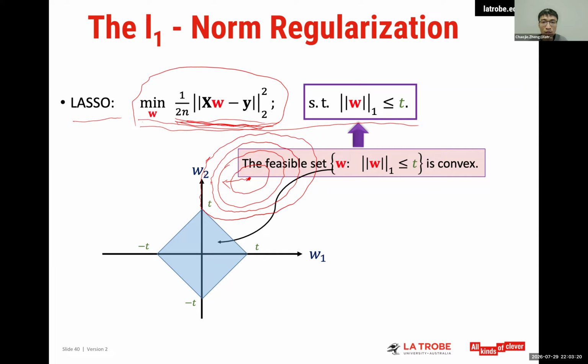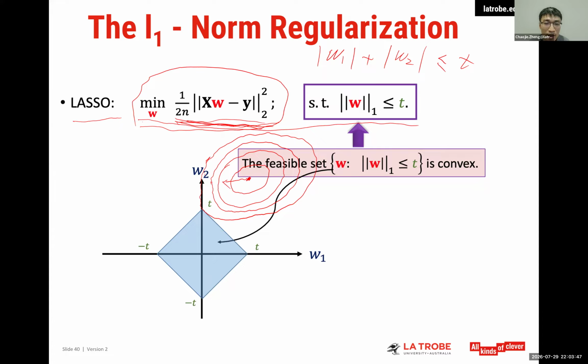So the L1 norm is less than T. That means W1, let's say for 2D cases, |W1| plus |W2| should be less than T. So it is described by this diamond-like area in this coordinate system.